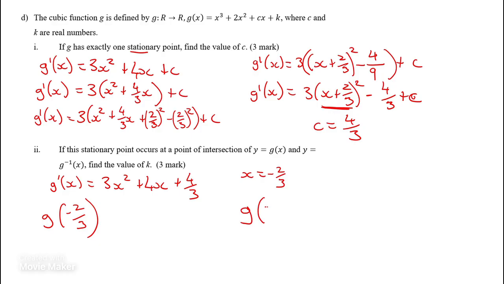We're wanting the turning point to be where they intersect, and with the inverse, our y is going to give us negative 2 over 3 as well. So if we substitute that as an x and this as our y value in, it is going to give us our k value. And our k value then is going to be negative 10 over 27.